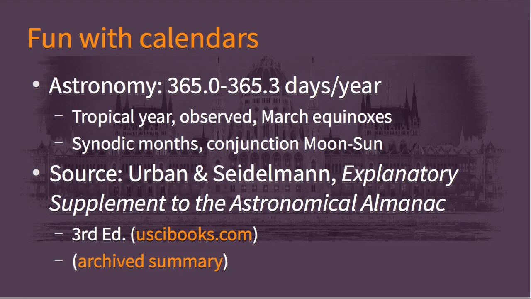So the first calendar is based on astronomy, on observing the relationship between the Earth and the sun over time and the moon over time. So the tropical year is the astronomy term for a year, a cycle of the Earth around the sun as measured through observations. And the March equinox is an interesting milestone there. It's feasible to measure, and you can use that to tell how long a year is.